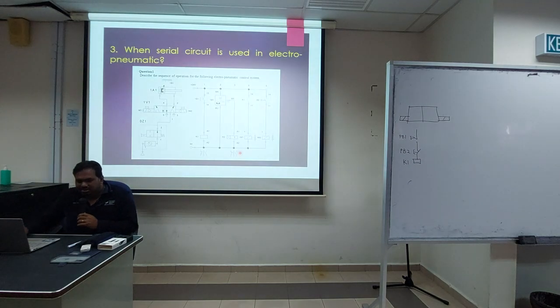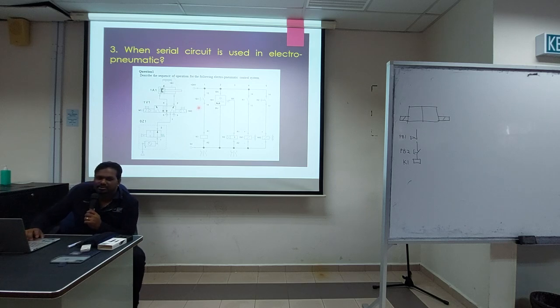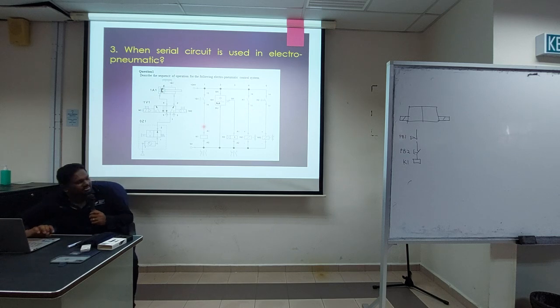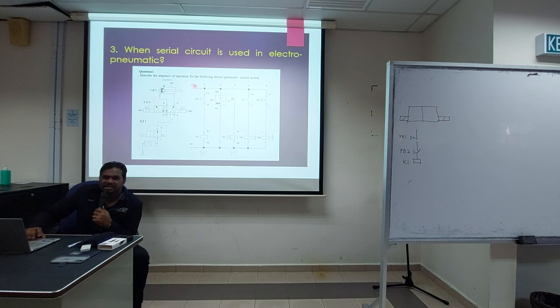Okay. So third question, when serial circuit is used in electro pneumatic. So first, apa itu serial circuit? Dekat sini apa yang serial, apa yang parallel? So line number berapa? 1, 2, 3, 4, 5. Ada 5 line. Yang series yang mana?